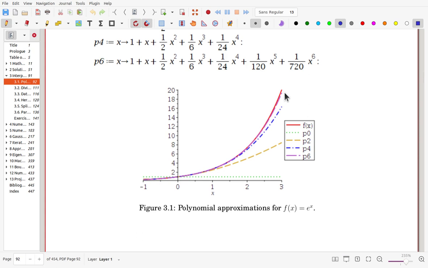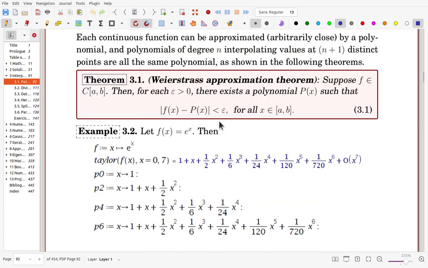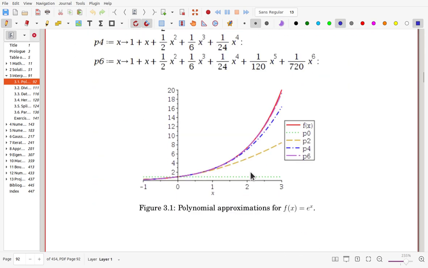As order increases, you can see better approximations. Okay, that's for a simple function working in this way, so that for e to the x, if you are choosing very high order, then for this inequality with arbitrary epsilon, you can find a very high order Taylor polynomial, so that this inequality will be satisfied. This is a simple example.